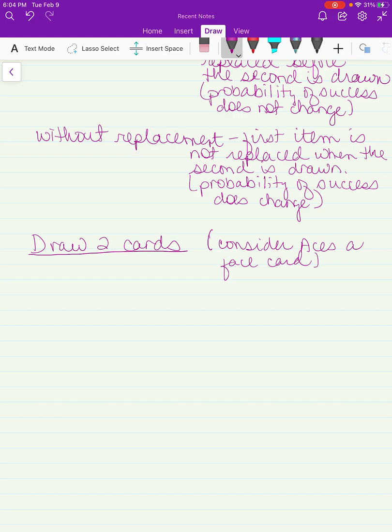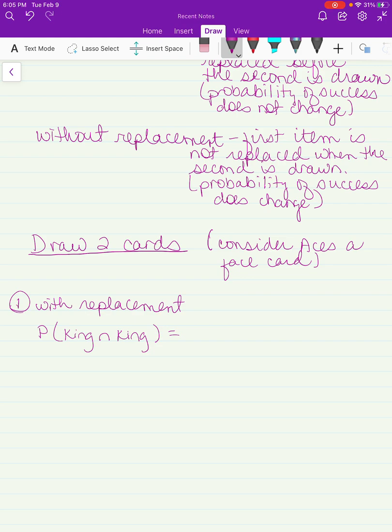So you'll have number cards and face cards. So if I draw 2 cards with replacement, and I want to know the probability the first card is a king, and the second card is another king.